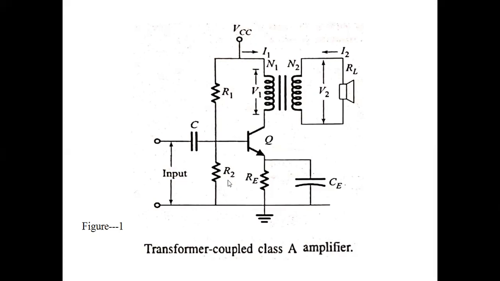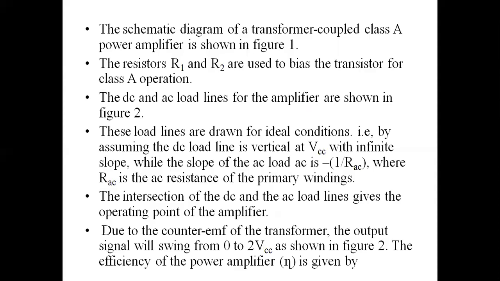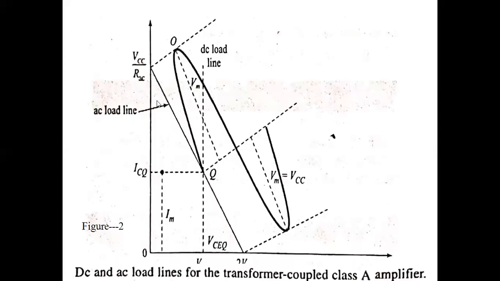The DC and AC load lines for the transformer coupled amplifier are shown in this figure.